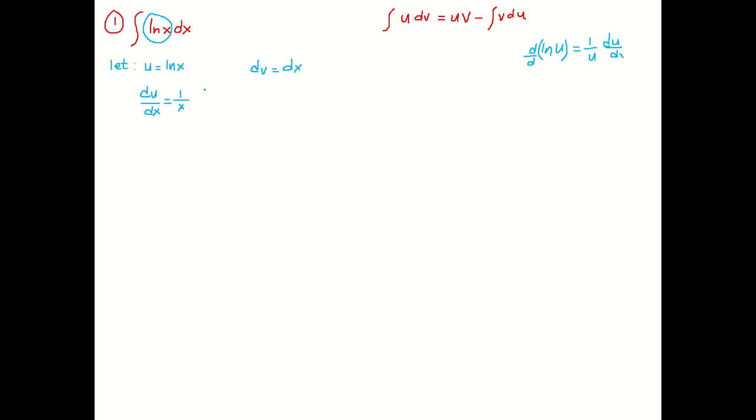So we have to take the derivative of x with respect to x, which is equal to 1. So therefore our du over dx, or derivative of u with respect to x, is simply equal to 1 over x.